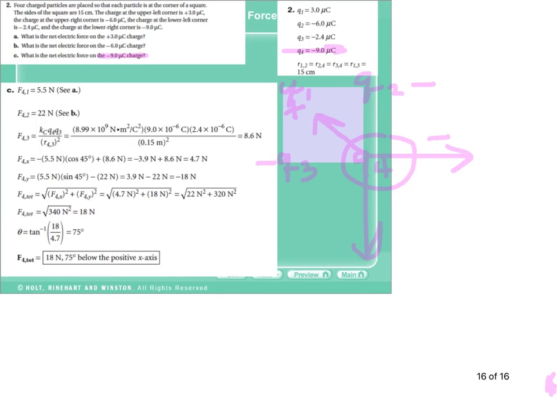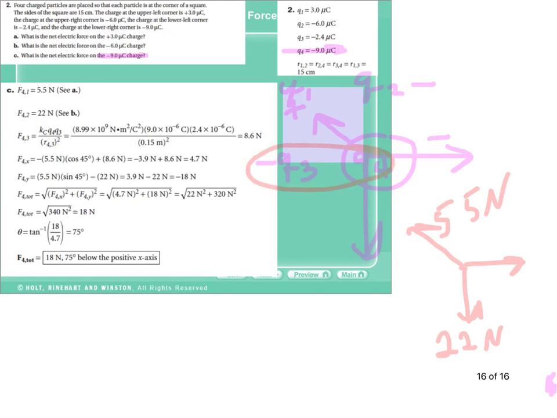Now, from part A, we did between 4 and 1, so we know, resketching the little sketch I just made, we get this, this, and this. So this one is 5.5 newtons. The one going down is between 2 and 4, which we did in part B, is 22 newtons. And going across, we have to calculate between 3 and 4.